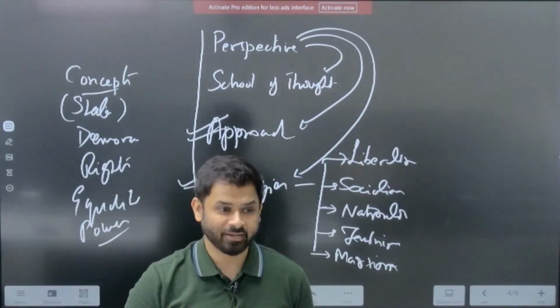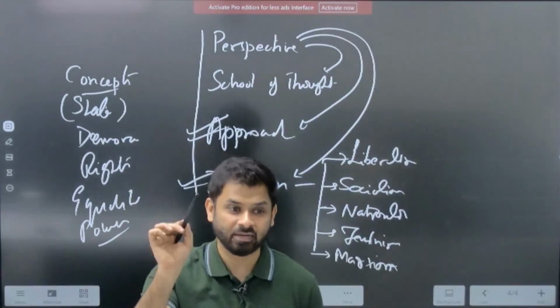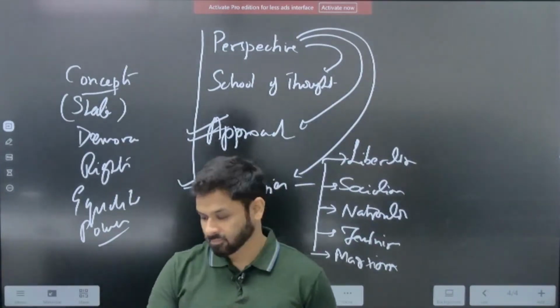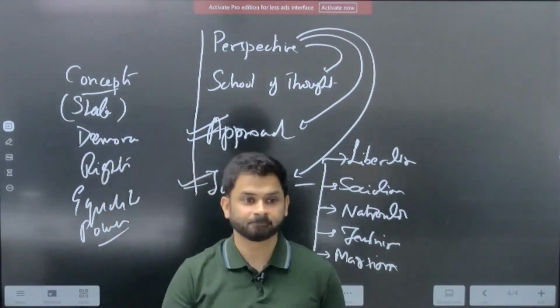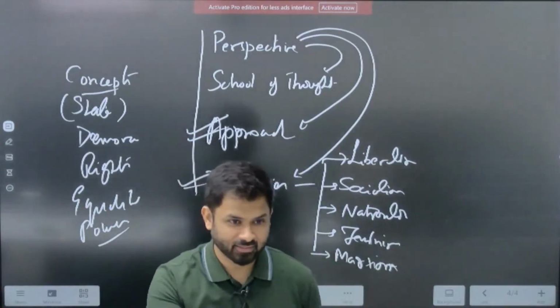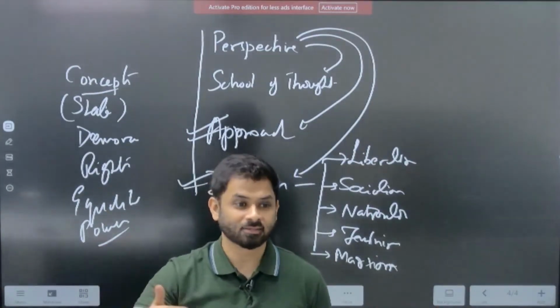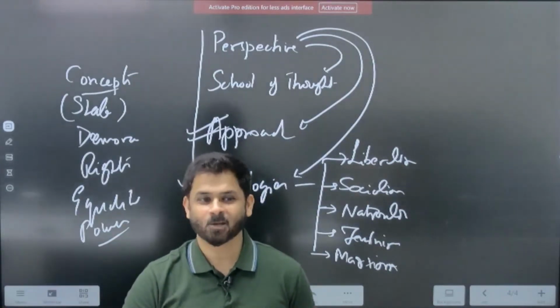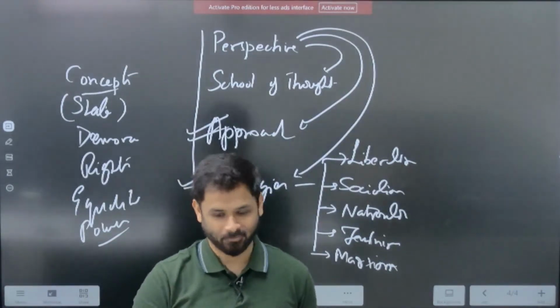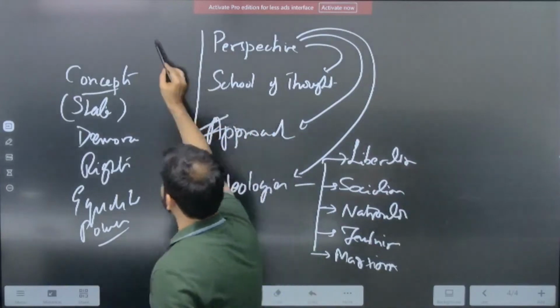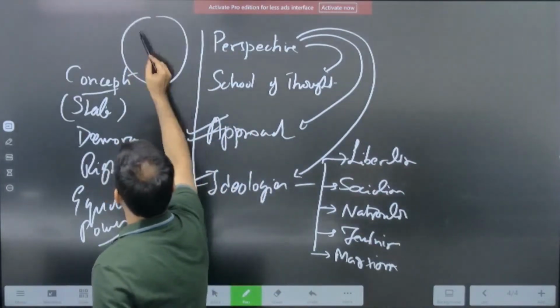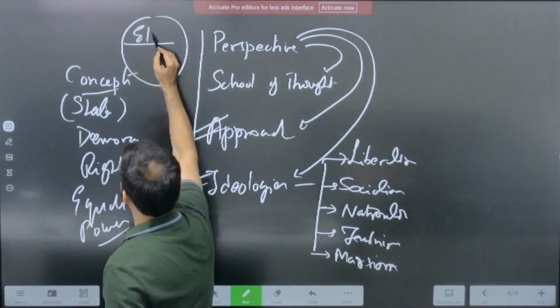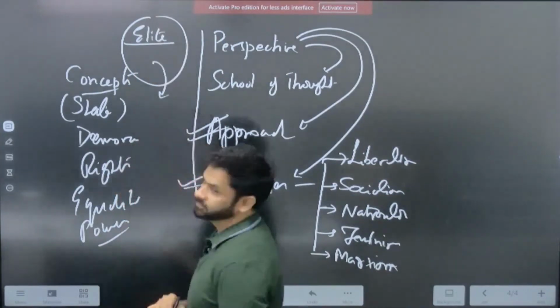They divide society into those who are elites and those who are, what is the opposite of elite? Elite you understood, right? Elite means, what is the Hindi word for elite? Okay, what is the opposite of elite? If I say this is society, and here you have the elite, then who's there?